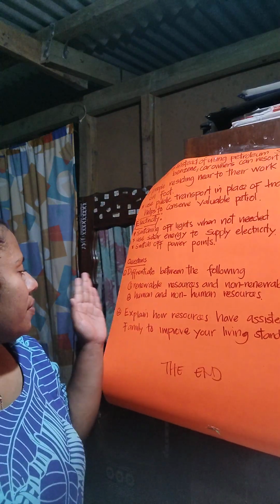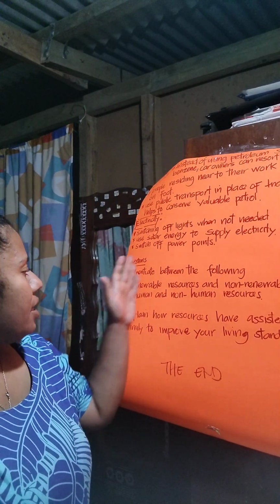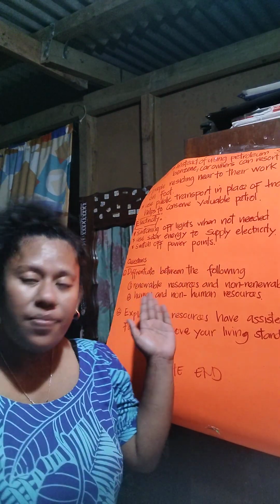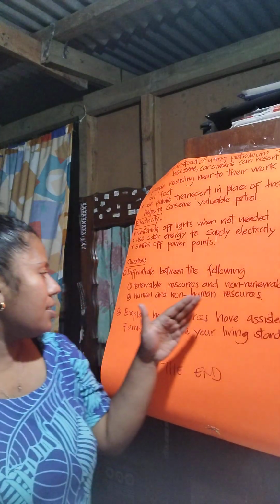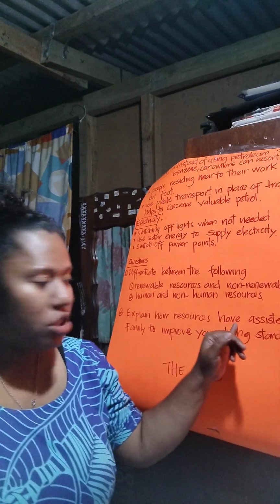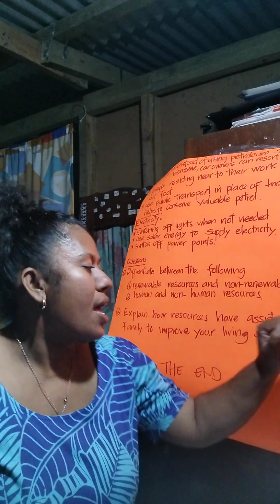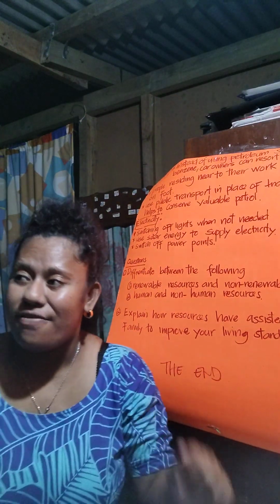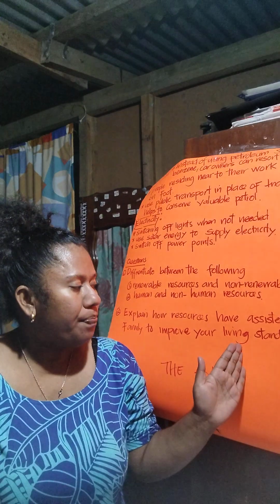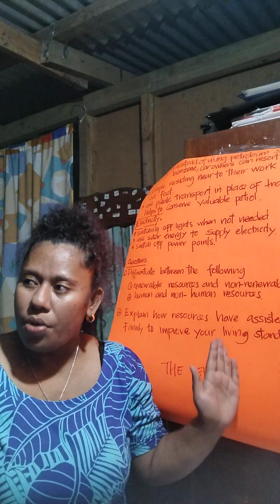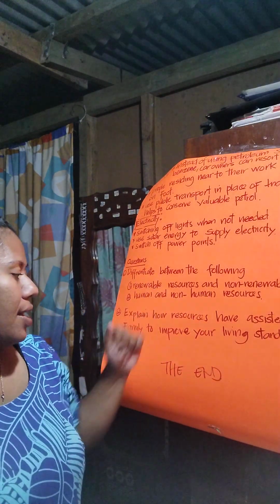Our homework questions today will be: differentiate between the following: renewable resources and non-renewable resources, human and non-human resources, and explain how resources have assisted you and your family to improve your living standards. Make sure you do your homework and come back tomorrow with the answers.